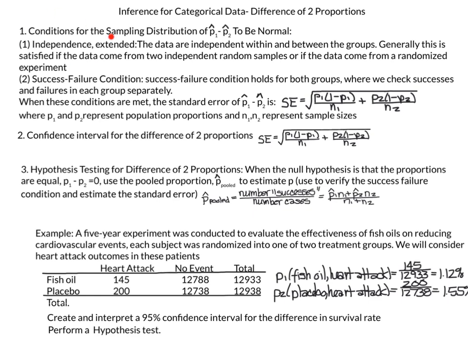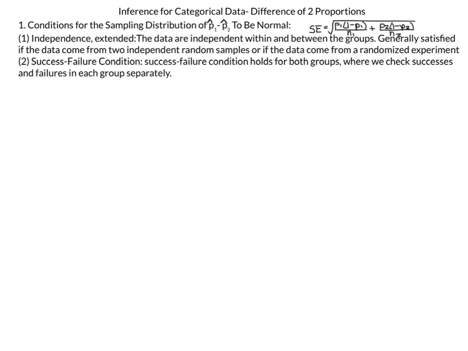And we can now come back and take a closer look at the conditions for a sampling distribution of P1 hat minus P2 hat to be normal. And again, the two conditions we want to satisfy are independence, extended. Independence is the same thing we had for proportions. Mainly, we want random samples or data that come from a randomized experiment.